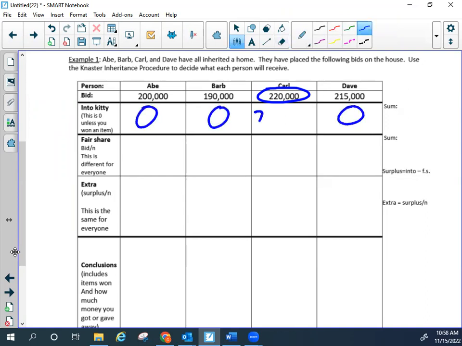The winning bid puts $220,000 in. And I'm going to add up how much money's in the kitty. There's $220,000 in the kitty. And so what's going to happen is, based on what everyone thinks the house is worth, they're going to pull that money out. The next thing we're going to look at is the fair share.